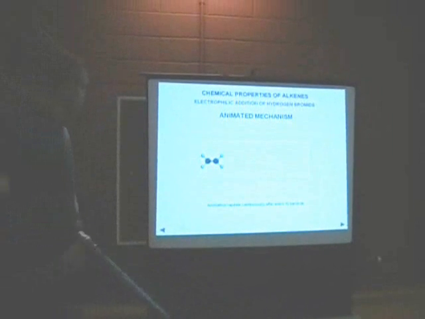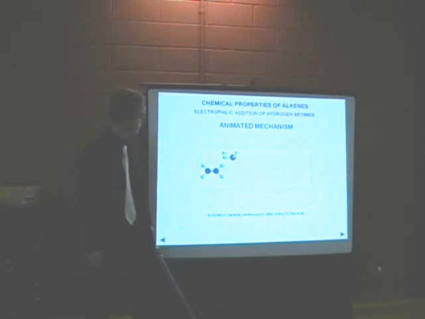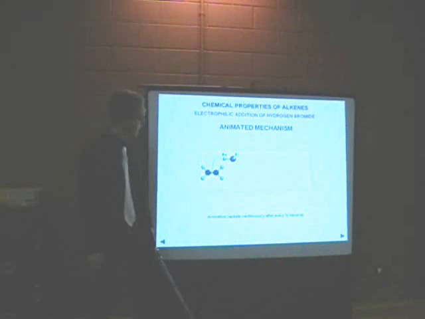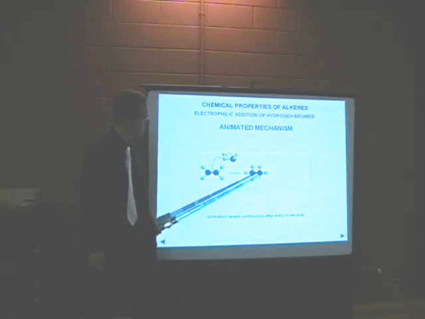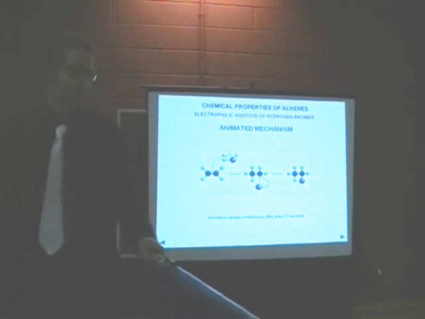Little animated mechanism. Out come the electrons, join onto the hydrogen. Electrons go to the bromine, and you get, what did I call this? Carbocation. In go the electrons, and you get HBr added to the alkene.